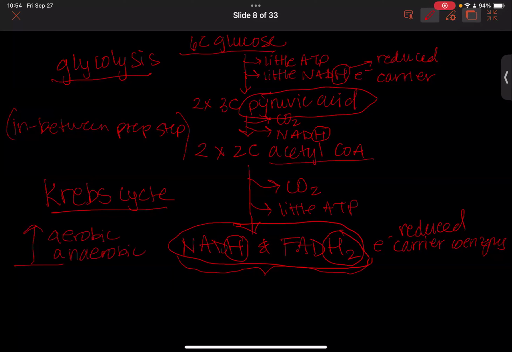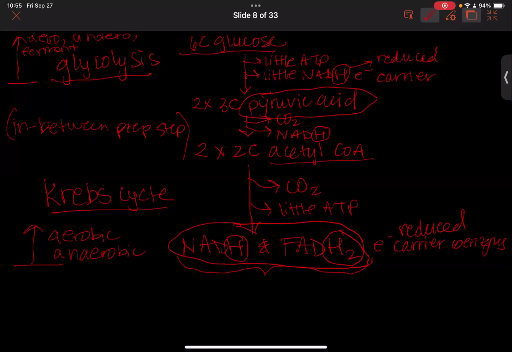Okay, if we're talking about glycolysis only, this part can be aerobic, anaerobic, and fermenters. Okay, fermenters, just in case you couldn't tell from all of that, fermenters only go through glycolysis. Aerobic and anaerobic guys will go through glycolysis and Krebs the exact same way.